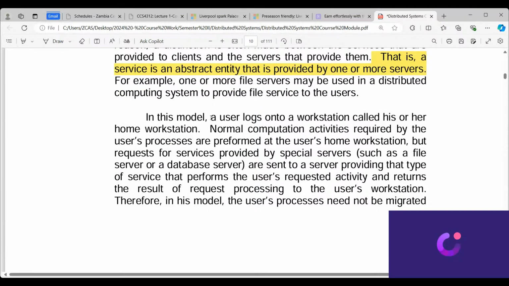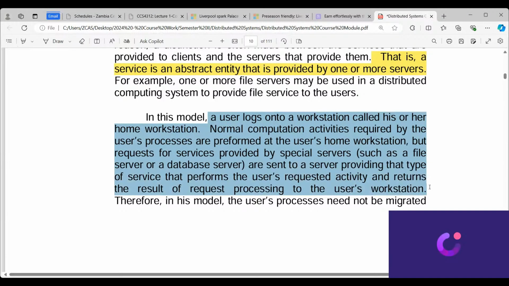In this model, a user logs on to a workstation called his or her home workstation. Normal computation activities required by the user's process are performed at the user's home workstation, but requests for service provided by special servers such as the file server or database servers are sent to the server providing that type of service, which performs the user's requested activity and returns the result of request processing to the user's workstation.